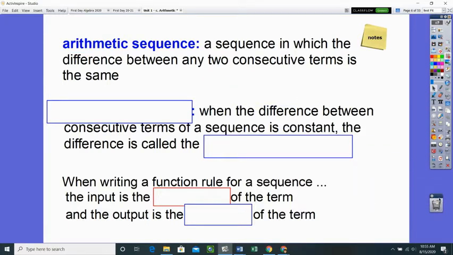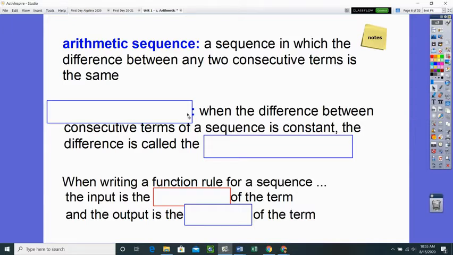So in your vocab section, just write arithmetic sequence. Do not write the whole definition out, but just so you know that's what we're talking about today. It's a sequence in which the difference between any 2 consecutive terms next to each other is the same. Now, we just talked about the fact that in the Gumby and Pokey, it was a +24, and in the toothpicks, it's a +2.